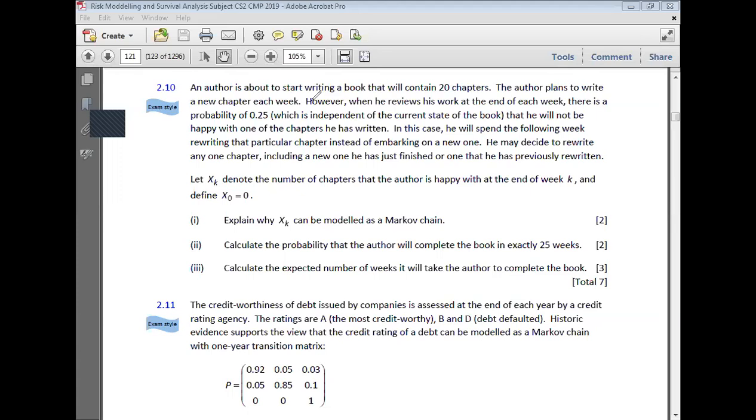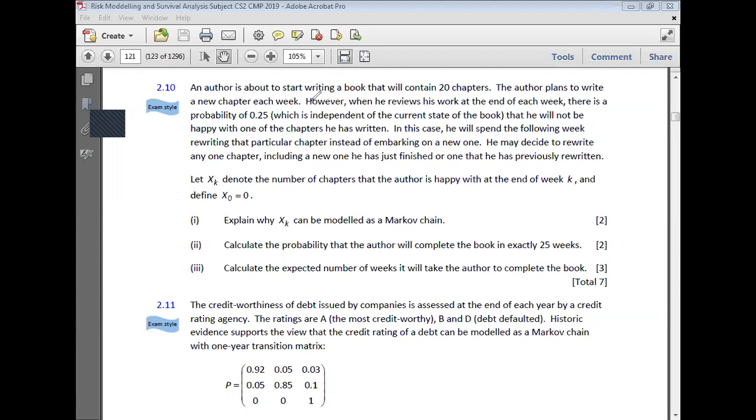If I have passed 5 weeks up until now, there's no way he can write more than 5 chapters in 5 weeks. And the least possible number of chapters that he could write in 5 weeks is 1, where he just keeps rewriting the very first chapter he wrote in the first week if he's not happy with it.